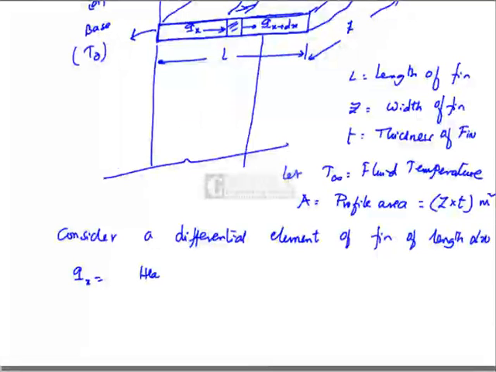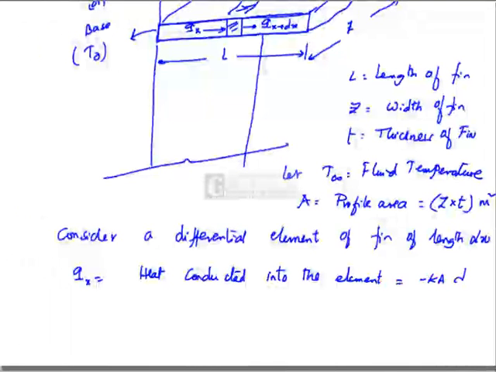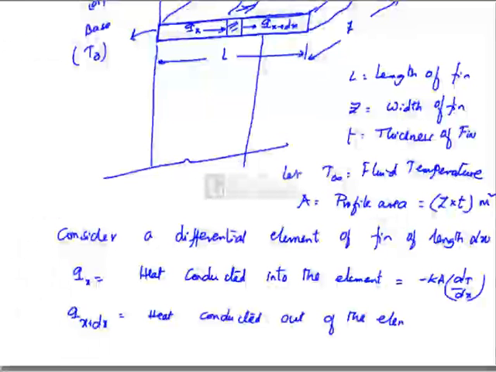Now I write the things. Qx is heat conducted into the element, which is equal to, from Fourier law, minus Ka dT by dx. Qx plus dx is equal to heat conducted out of the element, which is equal to Qx plus dou by dou x of Qx into dx.